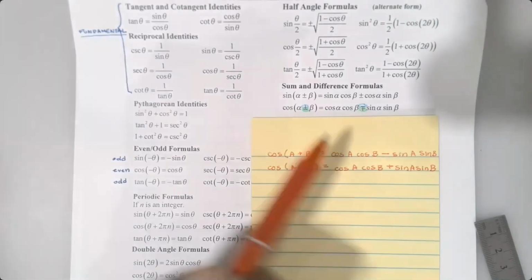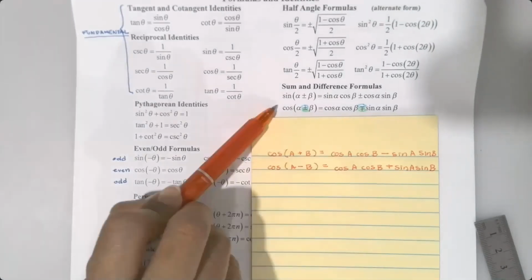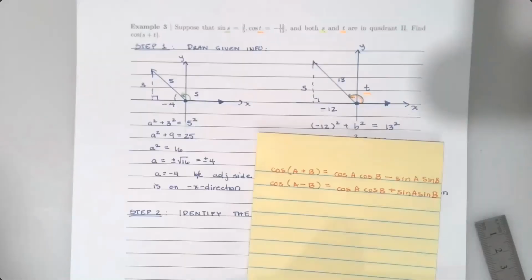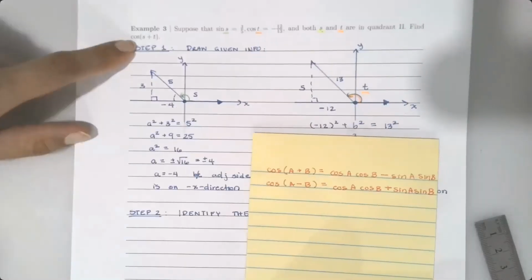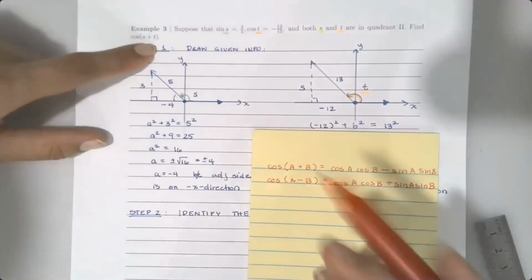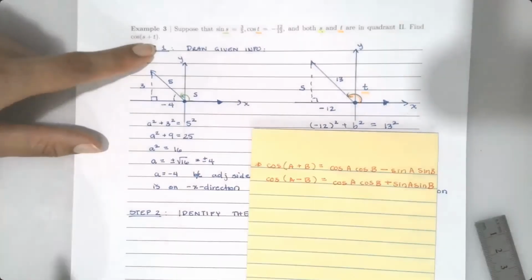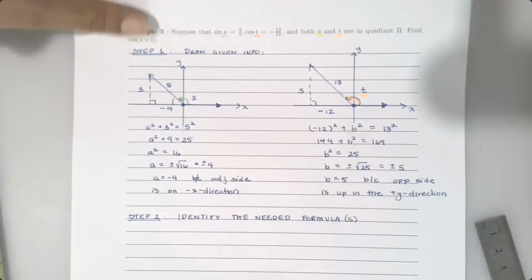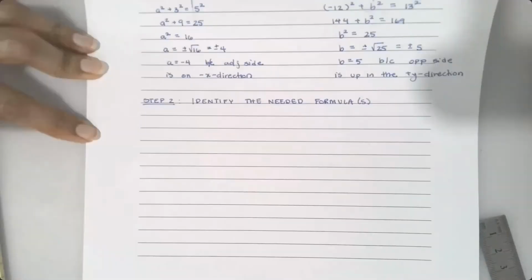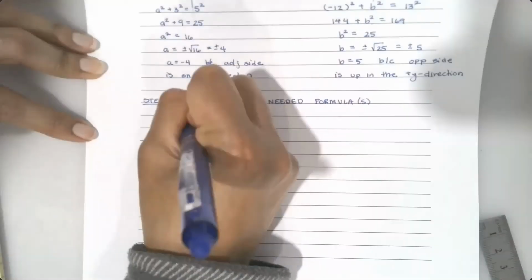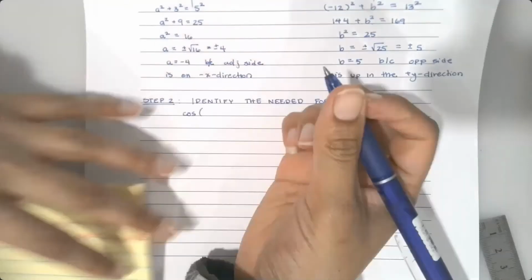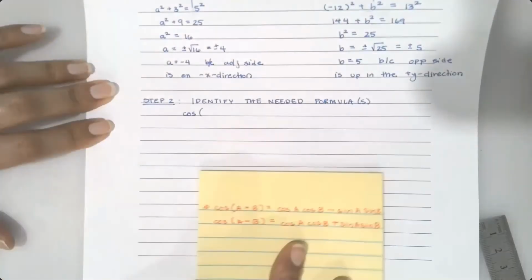So these two are packed into this one formula. Now we want cosine of an angle plus another angle, so the one that best fits our needs is this first one. Let's write that down. The formula that's needed is going to be cosine of, we'll write it in terms of s's and t's, cosine of s plus t.